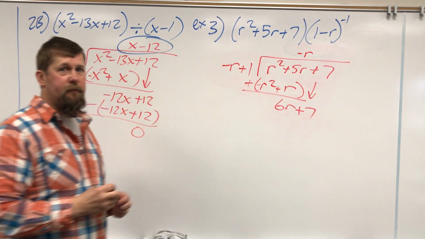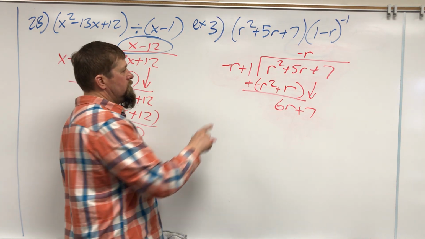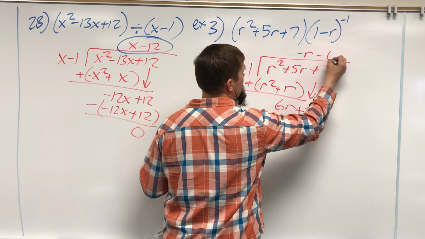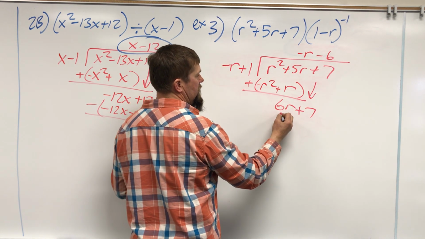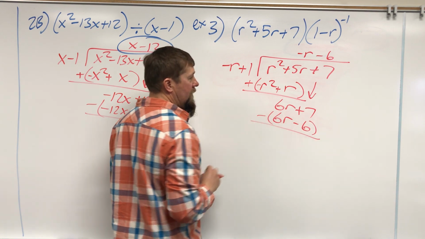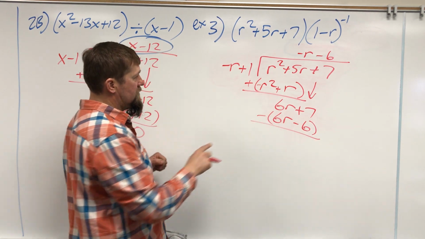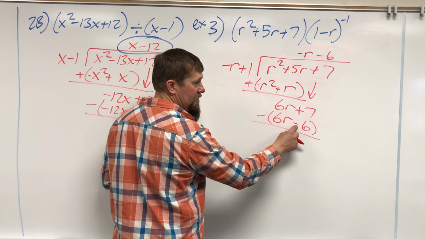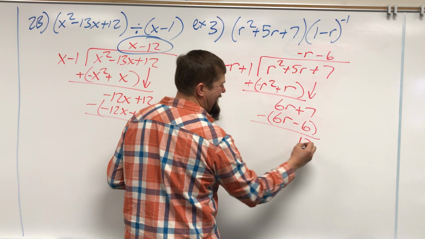Drop the plus 7. Negative r times what is 6r, and that's negative 6. That means you get positive 6r minus 6, and here we are getting a remainder because 6r minus 6r is 0, but 7 minus a negative 6 is 13.